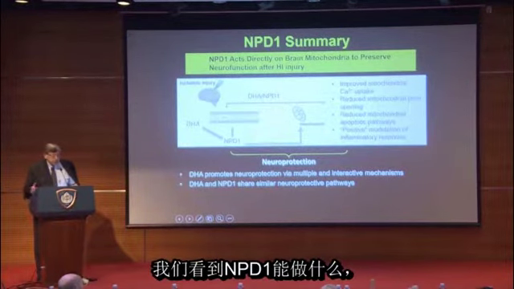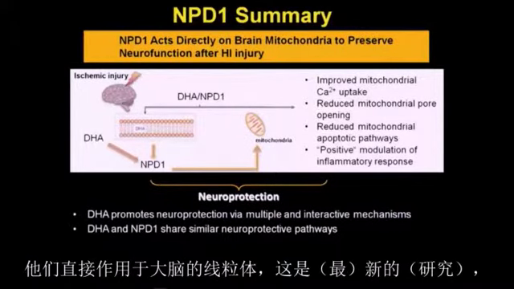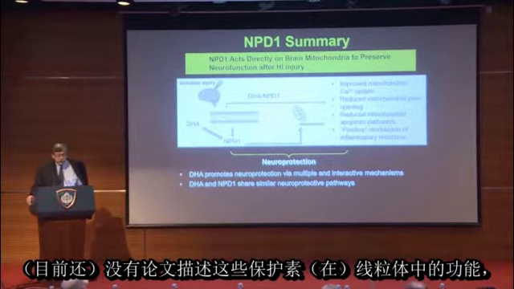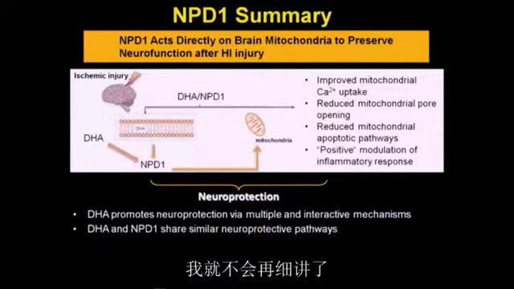If we look at what NPD1 can do, they act directly on brain mitochondria. This is new. There are no papers describing mitochondrial function for these protectins. And these are the functions where NPD1 has cellular effects, which I'm not going to go into.